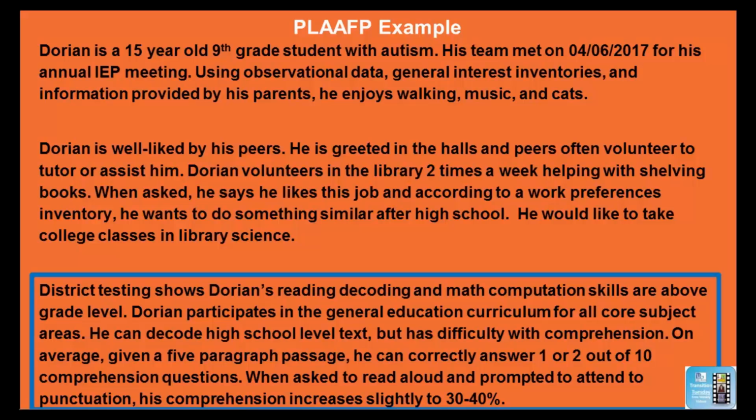On average, given a 5-paragraph passage, he can correctly answer 1 or 2 out of 10 comprehension questions. When asked to read aloud and prompted to attend to the punctuation, his comprehension increases slightly to 30 or 40%. This part of the present level shows relevant, measurable, and current information on Dorian's academic skills.